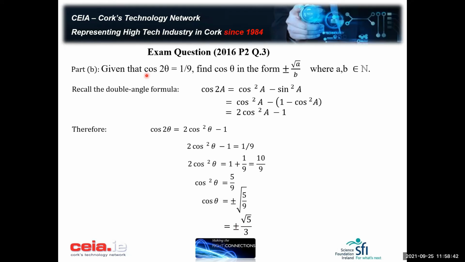Here they're telling you that the cosine of 2 theta is 1 over 9, and you want to find the cosine of theta. This is clearly a use of the double angle formula because you want to express cosine of 2 theta in terms of cosine of theta. Again, there are multiple ways of doing the cosine of 2a, but you want to express it just in terms of cosine of a.